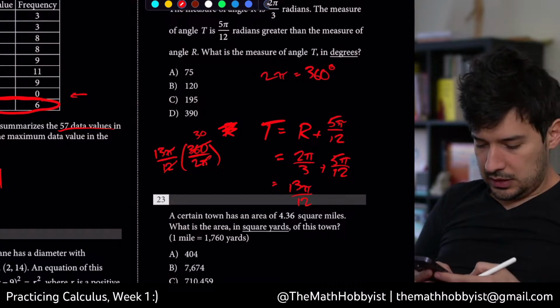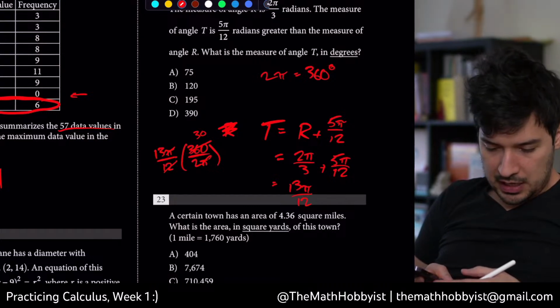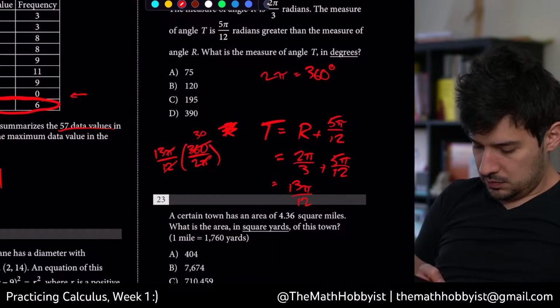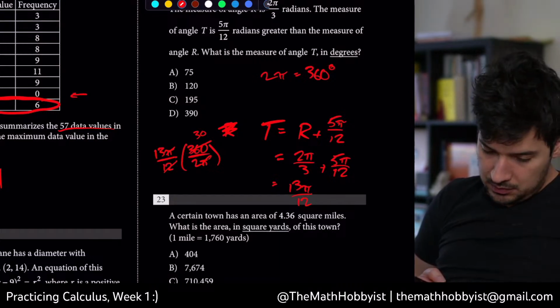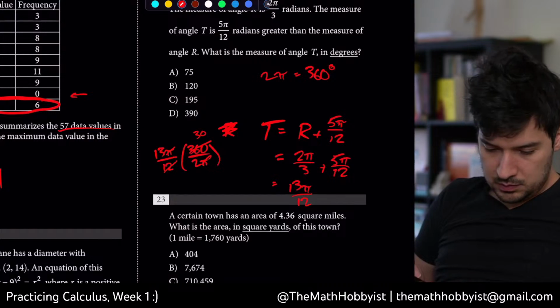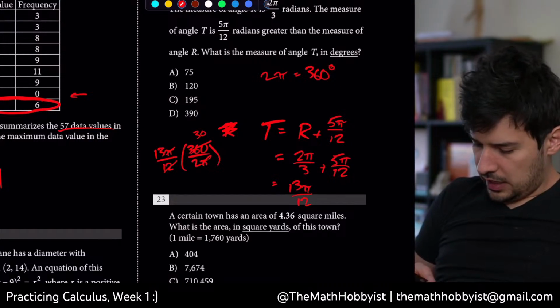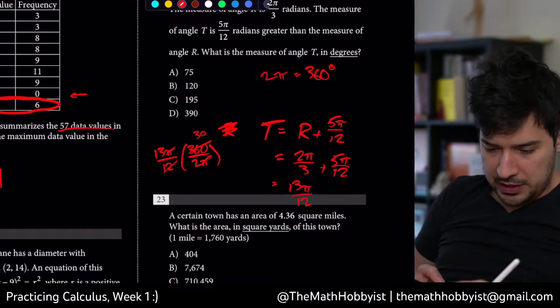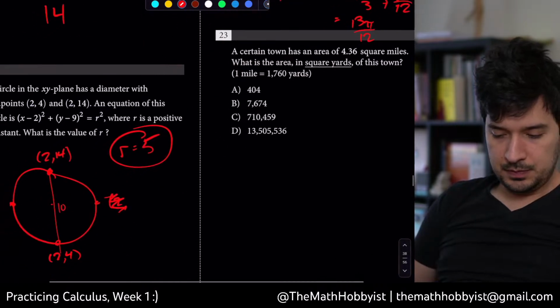So 13 times 30 divided by 2, if I got that right. I screwed that up. 13 times 30. Yeah, I just typed it in wrong. 195. That's the right answer.